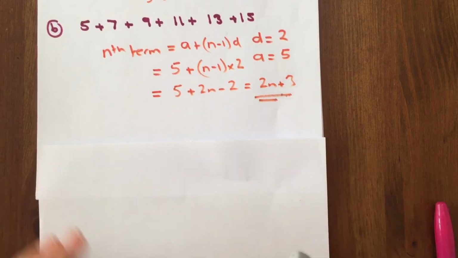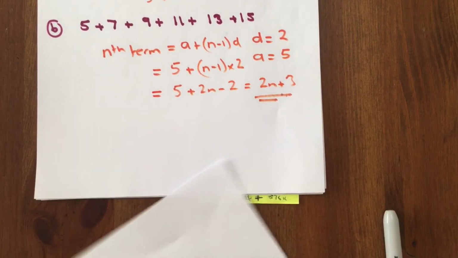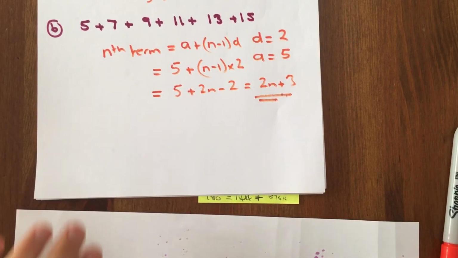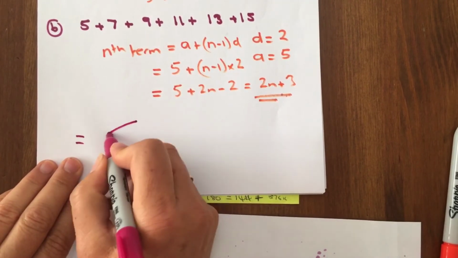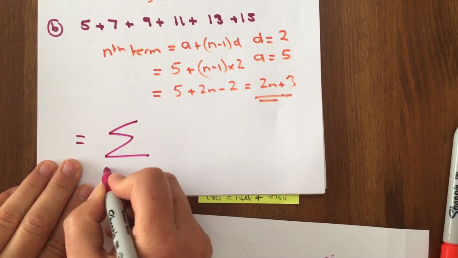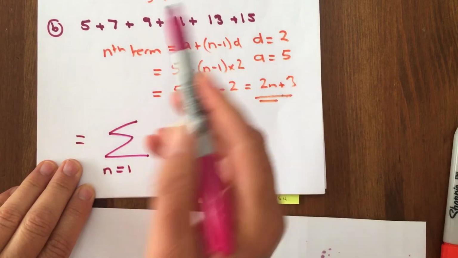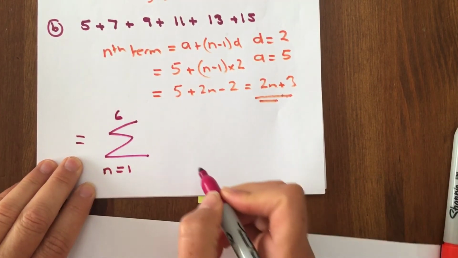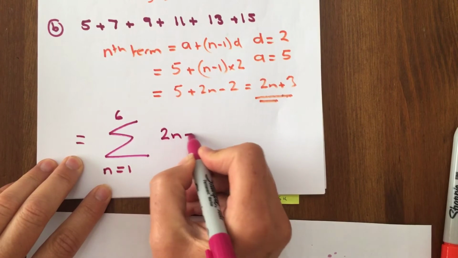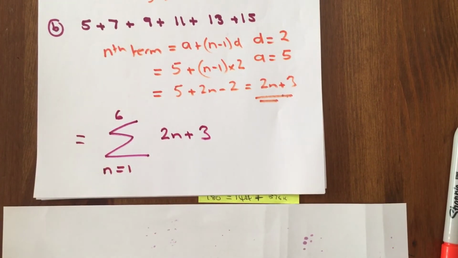Now I want to put this series of numbers into sigma notation. So in sigma notation, I'm going to go n is 1 up to 6 terms, and I'm putting it in to here. Let's just check that works.